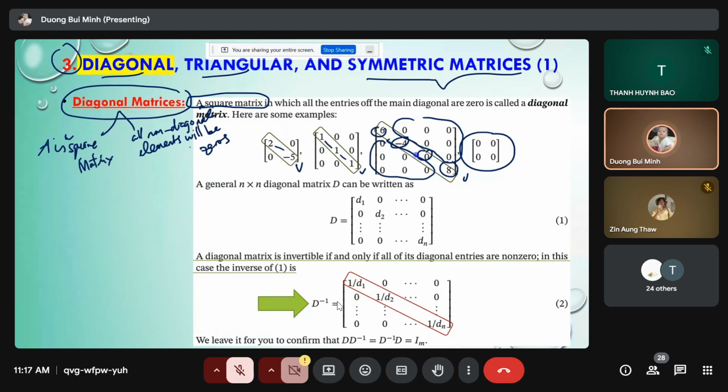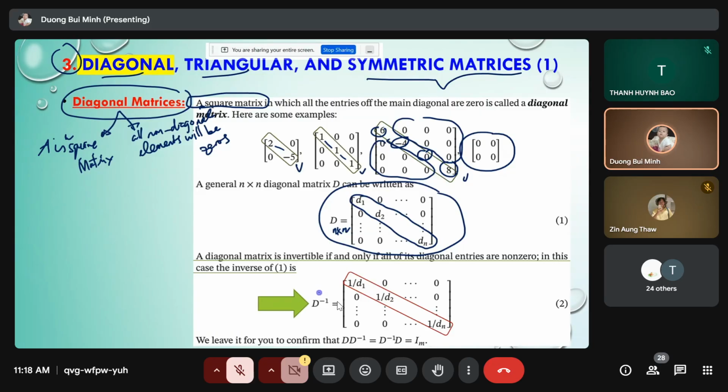If these requirements are satisfied, we can get the diagonal matrices. More generally, we can get a diagonal matrix with n rows and n columns. These are the diagonal elements, and the non-diagonal elements will be zeros.